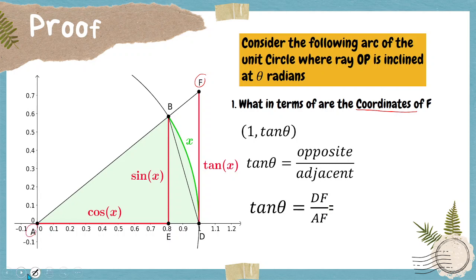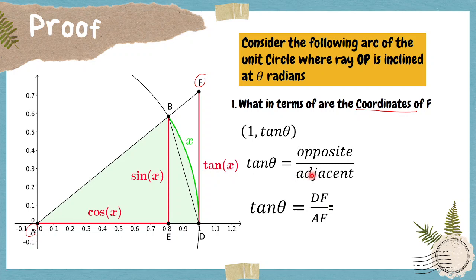When I say A to B, meaning from A to B. If I say B to A, I put here B to A. So that's the coordinates. Now, how does this become DF? Because the opposite of this angle is this one, right? And the coordinate of this opposite is DF. What is this DF? The tangent x.